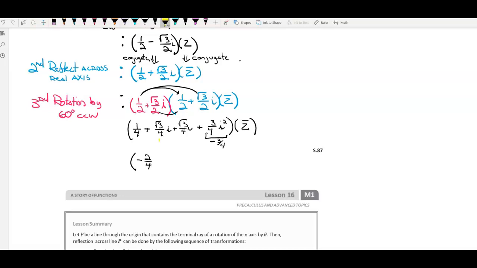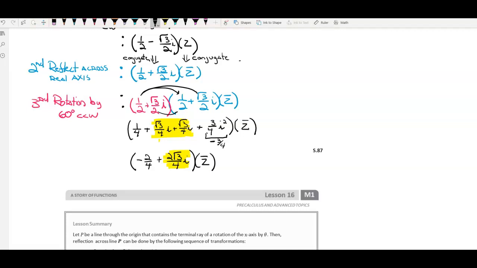This is something that always confuses kids. Okay, so to add these two things up, you just add them like terms. So this is going to be plus 2 root 3 over 4i. That's how you combine those radicals.